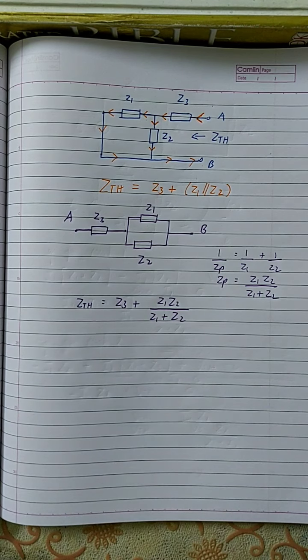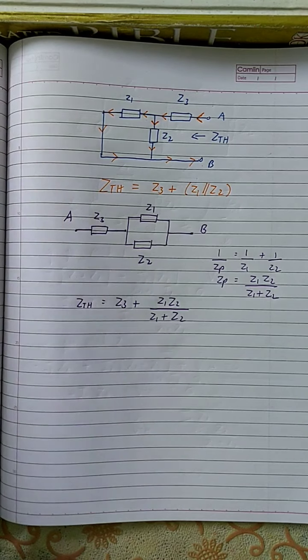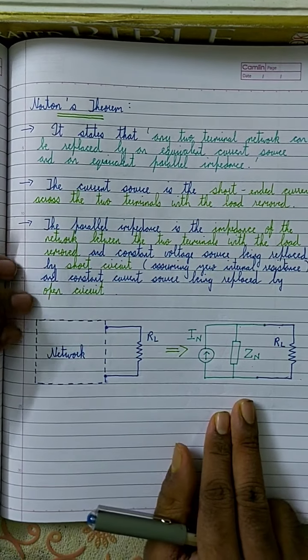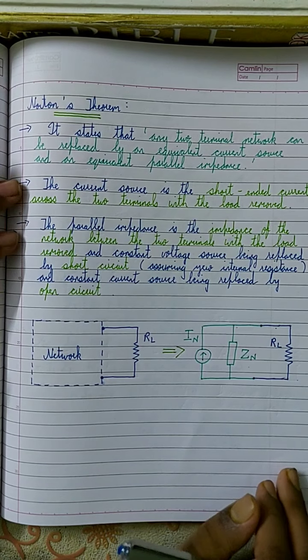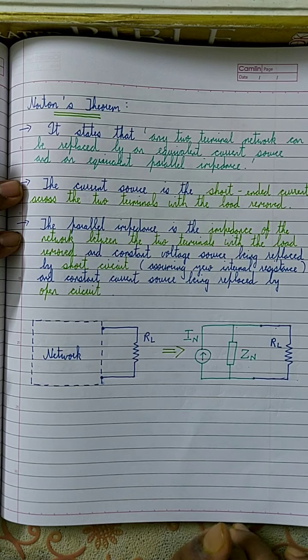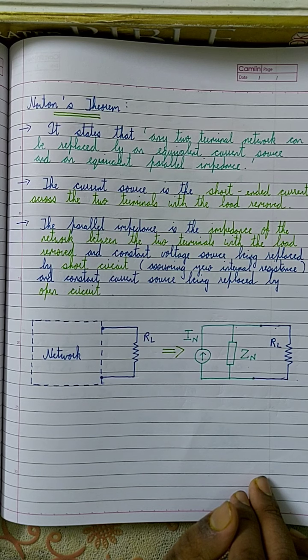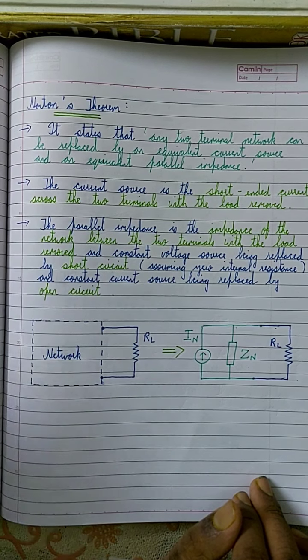Now I'm going to explain the second theorem, that is Norton's theorem. Norton's theorem is exactly the same as Thevenin's theorem, because you have already learned that we can replace a voltage source with a series impedance by a current source with a parallel impedance. Now look at Norton's theorem.